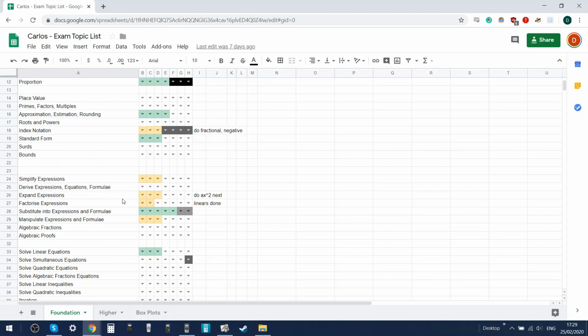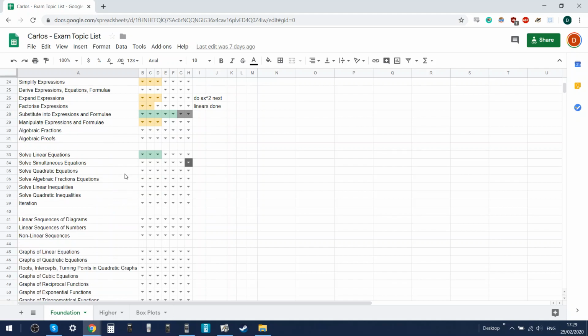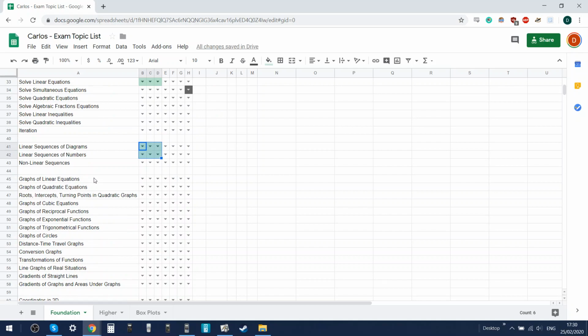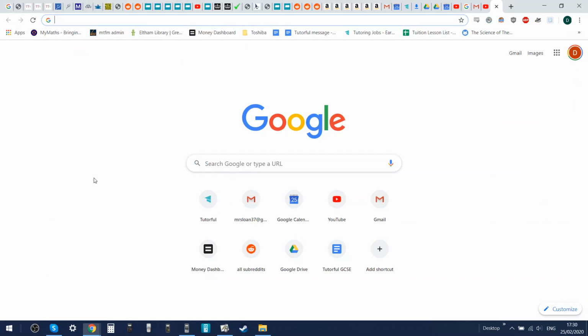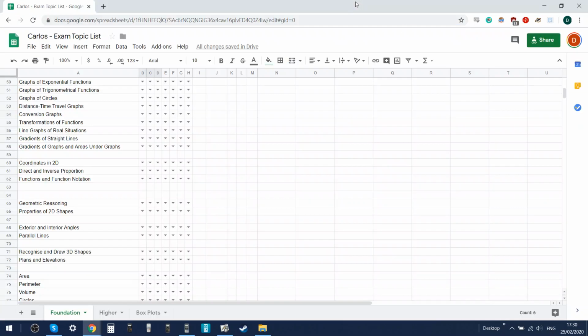We could do deriving, simultaneous quadratics. So we've done linear sequences of diagrams and numbers. I'm happy there. We'll do the test at the end. Graphs. Let's do, I know what to do. We can do averages.